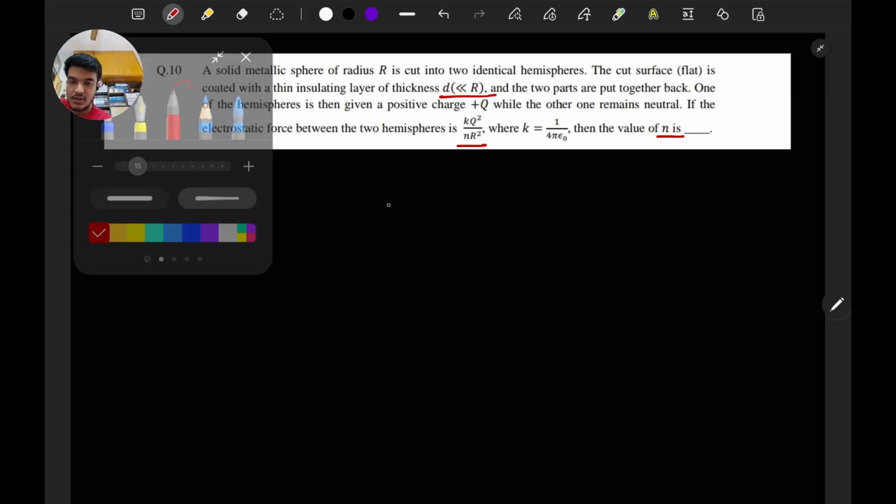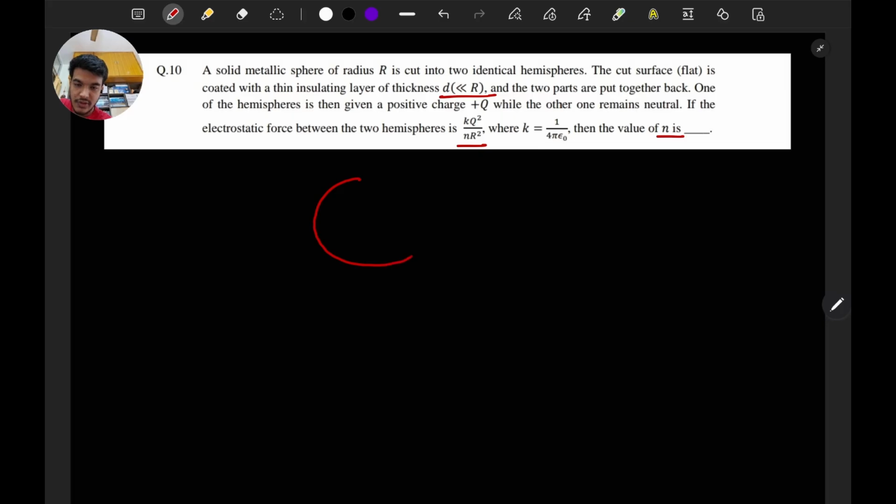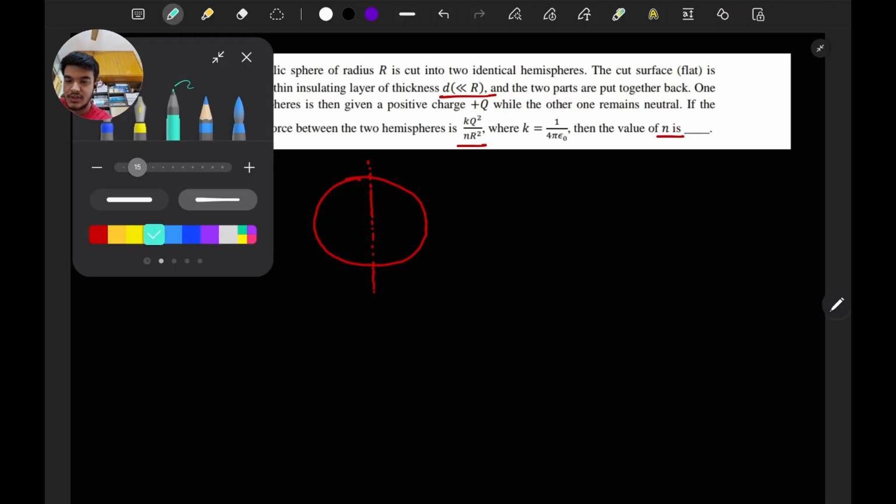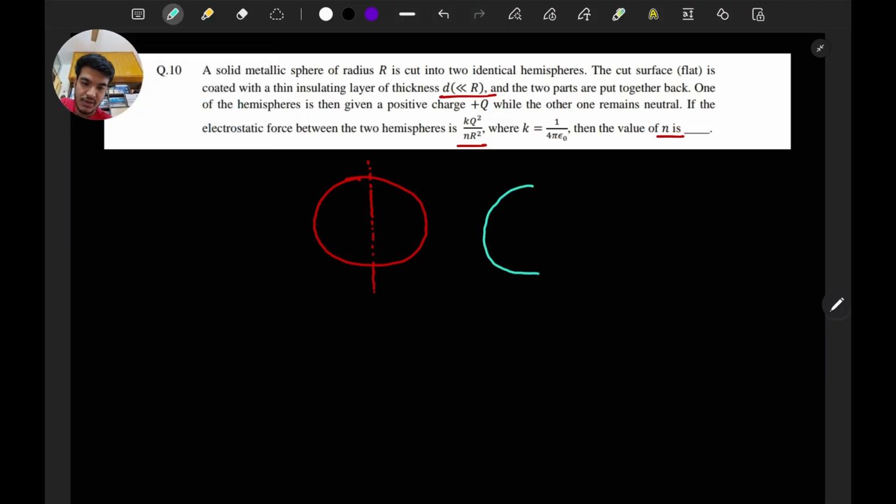I had a hemisphere, say, of the radius r, and then we just cut it from between, and we insert, since we are coating it with some insulating portion, basically you can understand it as inserting an insulating material in between these two hemispherical parts, right?